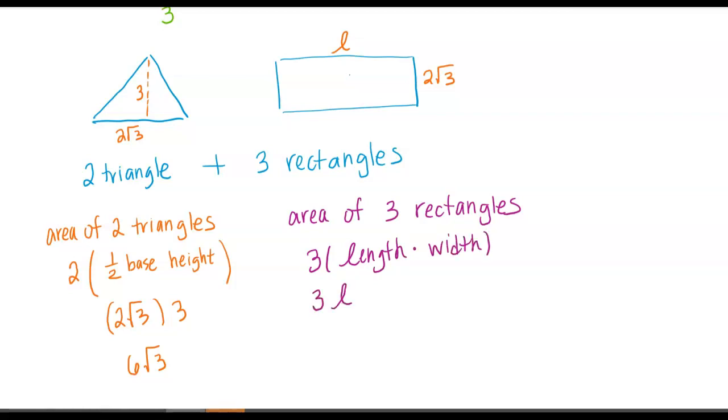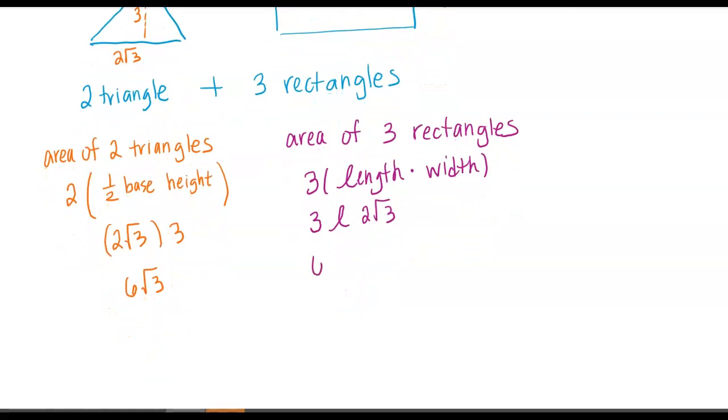We'll use L for the variable for length. So I think that this is going to be 6 times the square root of 3 times L. So adding these two together, we're going to have only 90 square feet to use.